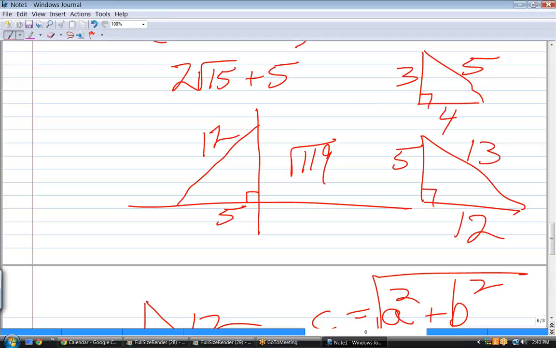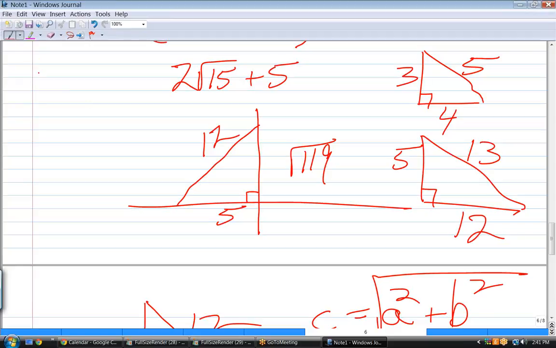Those are the two smallest that you can possibly have that are all perfect integers. And they show up so often on tests that it's well worth your time memorizing it. It saves you from having to work through the math of the Pythagorean theorem.